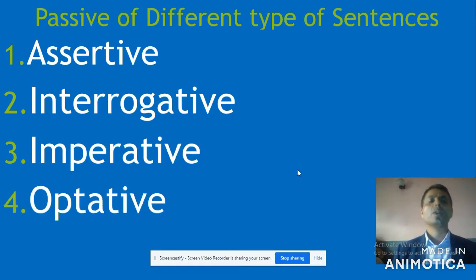And number four, optative sentence. We are going to practice on these four types of sentences, how to change from active to passive or passive to active, for these four types of sentences.